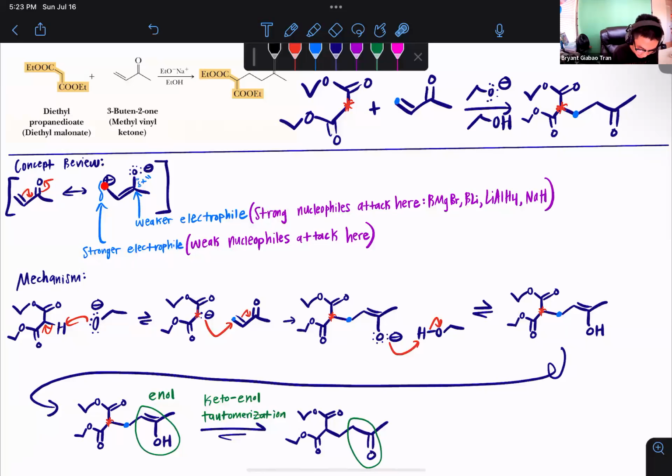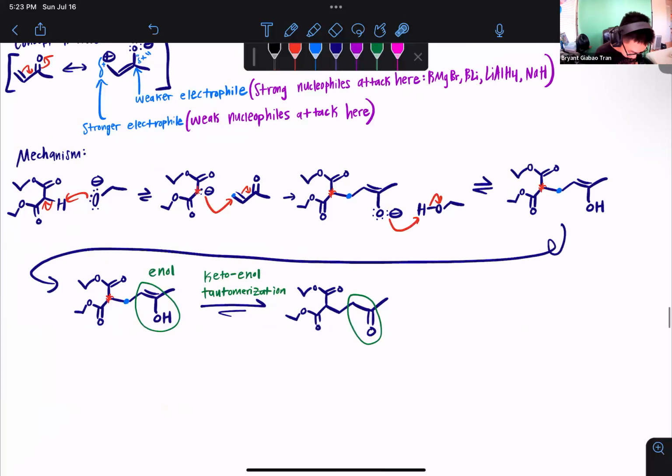It cannot attack the weaker electrophile. Only strong nucleophiles can attack this weak electrophile. And strong nucleophiles are organometallics like RMgBr, RLi, reducing agents like LiAlH4, or NaH. And everything else like enolates and CN minus are weak nucleophiles.